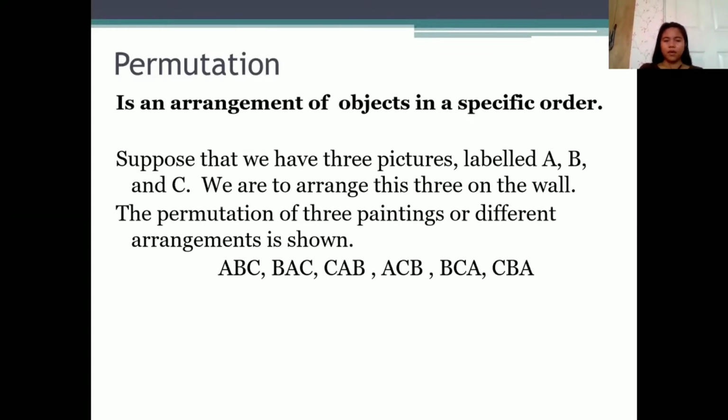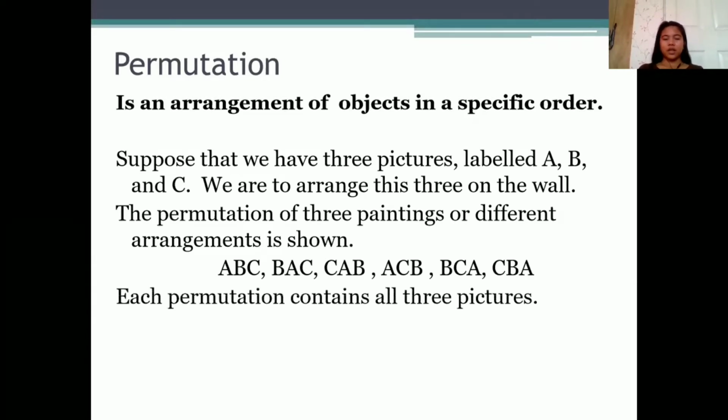Okay, observe that in each permutation, the three pictures are there, diba? Our pictures are labeled A, B, and C, and each permutation contains all three pictures.